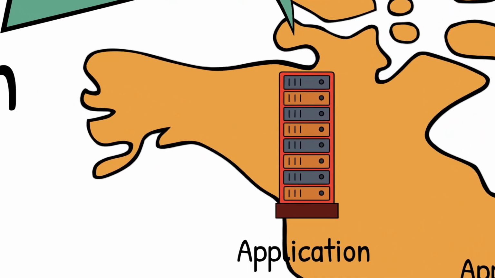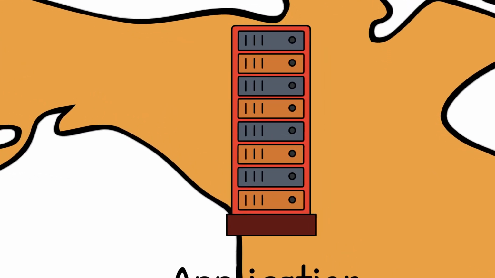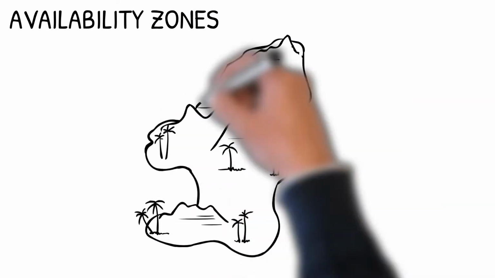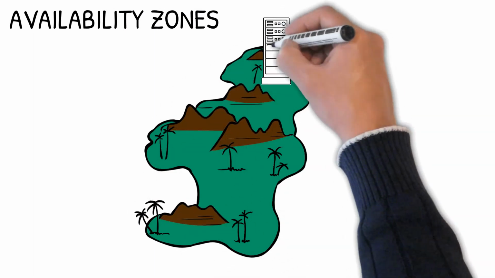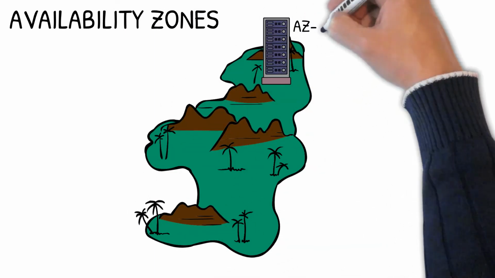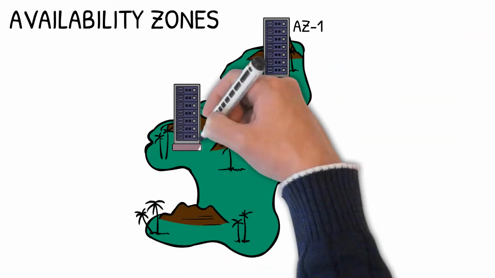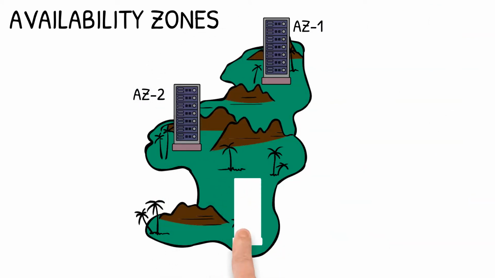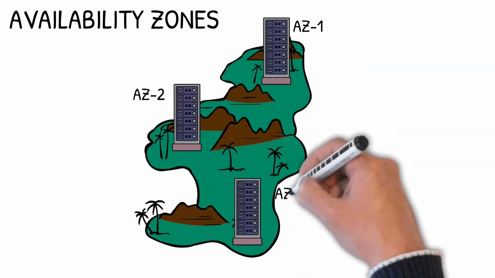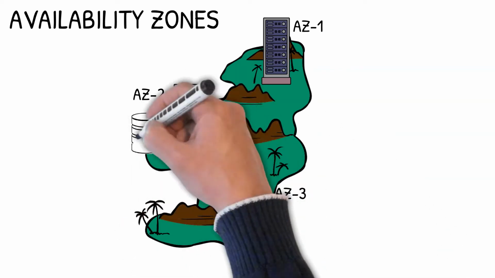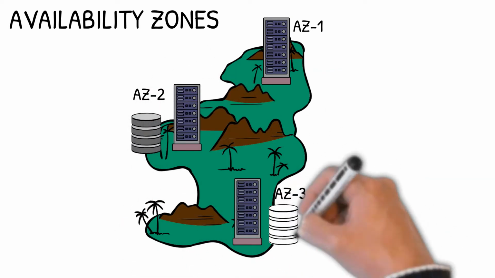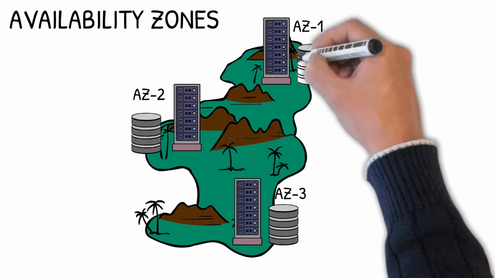If we zoom into a particular region, we will see one or more availability zones. Each availability zone is a geographically separate location, often miles away from other availability zones. These availability zones allow you to operate applications and databases distributed across multiple availability zones.